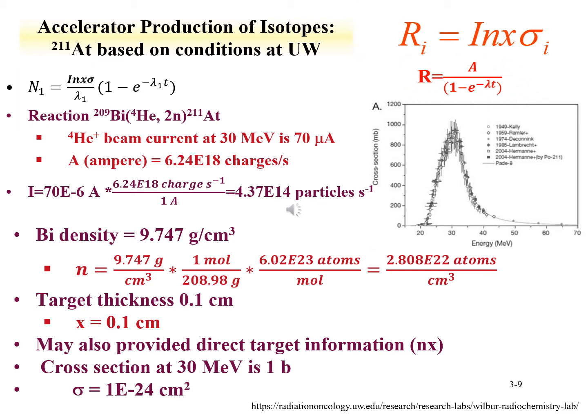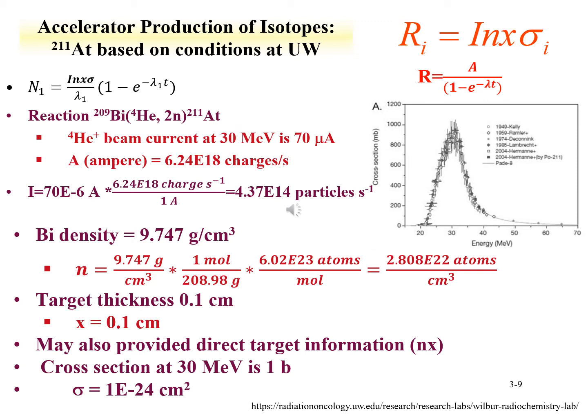So for the production of astatine-211, which is used as a radiopharmaceutical, the reaction includes a bismuth target, a helium projectile, 2 neutrons come off, and the product nucleus astatine-211 is produced. The helium beam is monovalent, and at 30 MeV it has a beam current of 70 microamps for this accelerator.